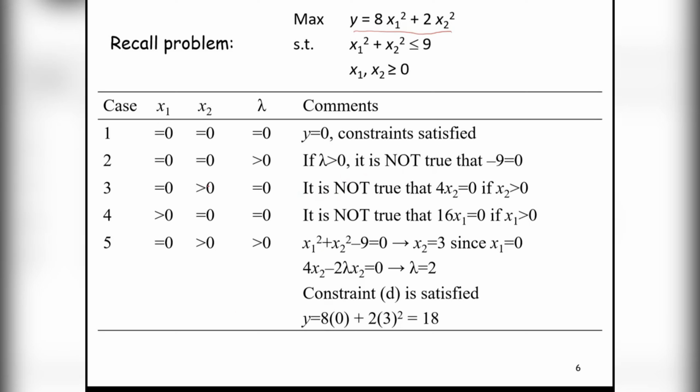If x2 is chosen to be greater than 0 and lambda and x1 are 0, it's not true that x2 equals 0 if x2 is greater than 0. And you can check these on your own. Just walk through them all. And you'll find that if x1 is equal to 0, then what we have is the following.